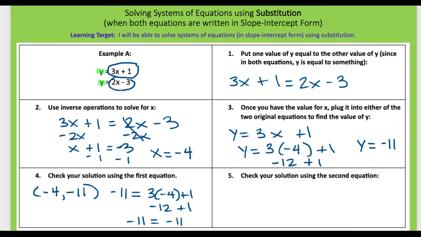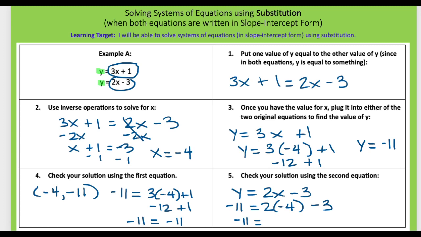Now let's check using the second equation, y equals 2x minus 3. I'm going to take the y part of the solution that I got, which was negative 11, and replace the y with it. And then I'm going to replace the x with negative 4. And I get negative 11 equals negative 8 minus 3.